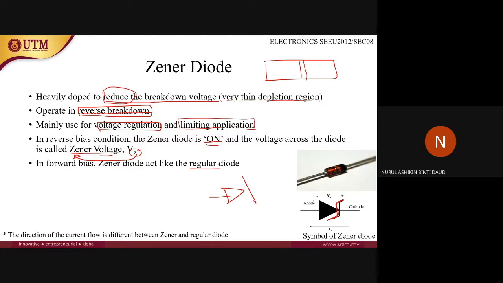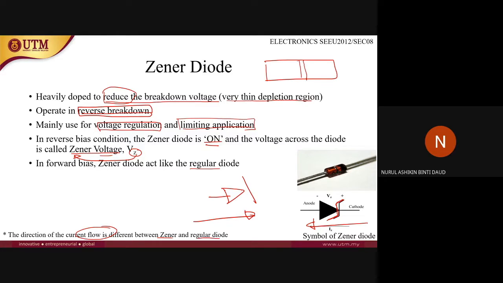So anode and then cathode. The direction of the current flow is different between Zener and regular diode. For the Zener diode, the direction of the current is from cathode to anode, but for a regular diode it is from anode to cathode. So the direction of current flow is different in a Zener diode.